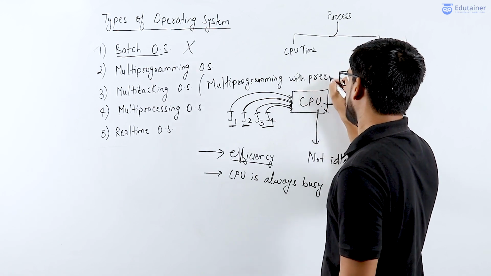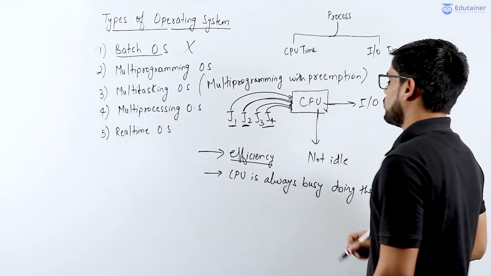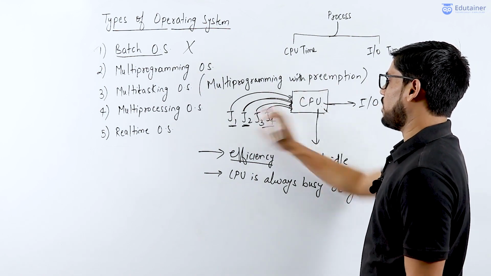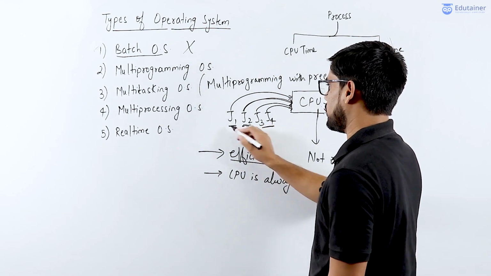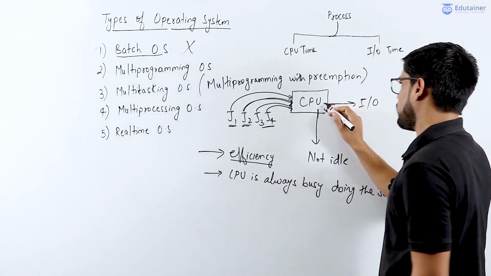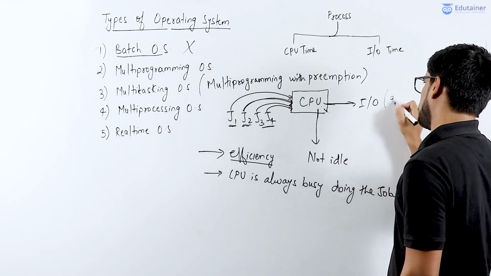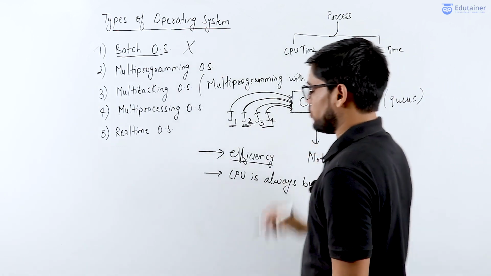Preemption means we forcefully stop some process in CPU and give the CPU to another process which has higher priority. Let's say J2 process has higher priority than J1, then we will stop J1 process and put it in a queue, let's say wait queue, and run the process J2.